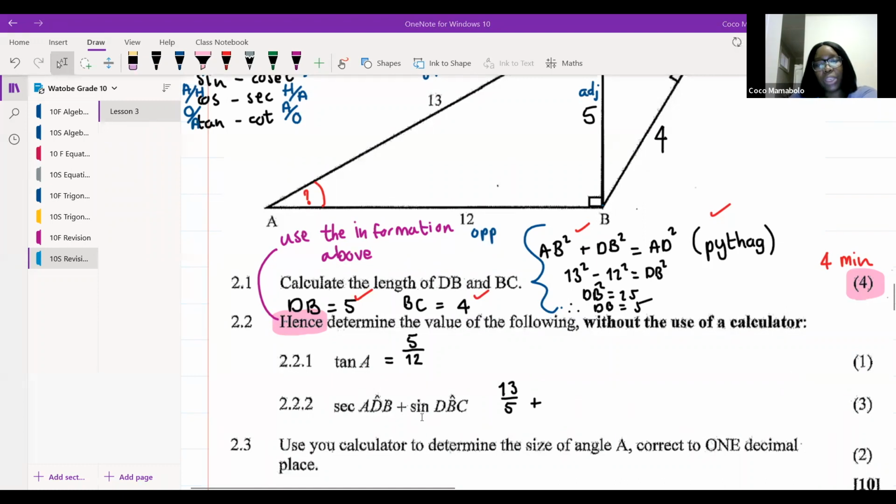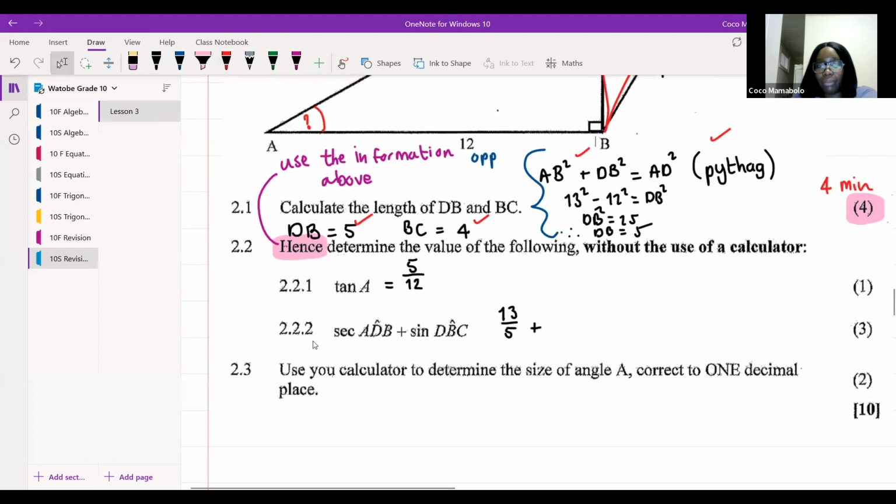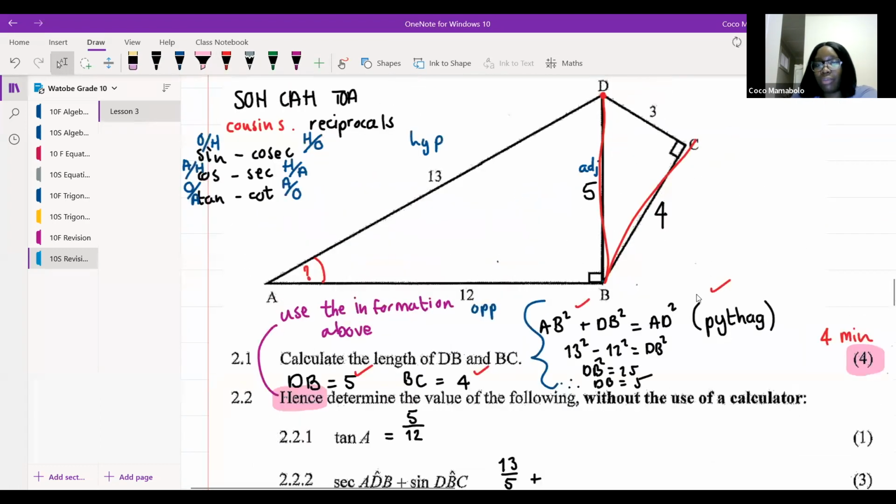All right, now we need to go look for the sine of DBC. Oh, okay. So now we need to go back to our triangle and we need to follow the order. The order is DBC. So we're going to start at DBC. And they want the angle B. So we're looking for this angle here, the sine of this angle.